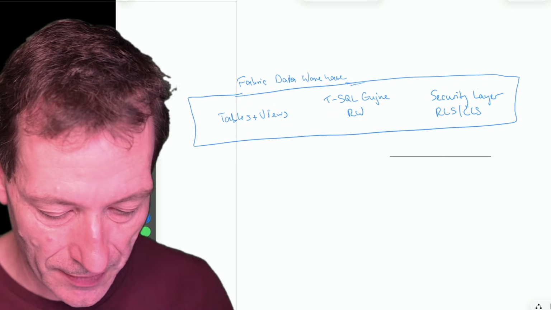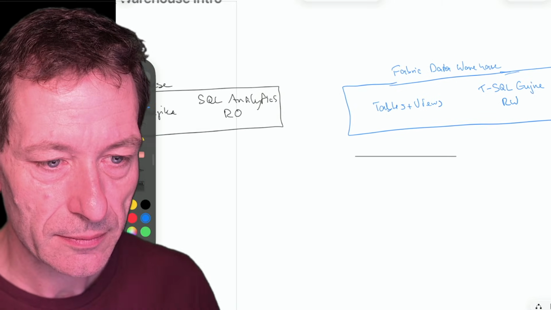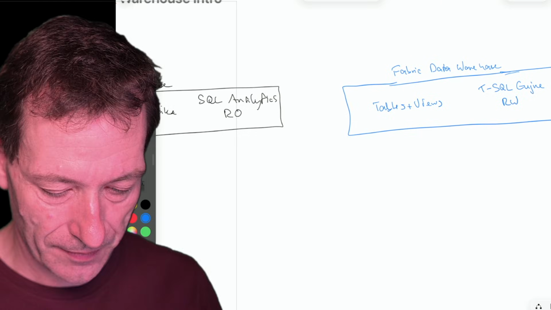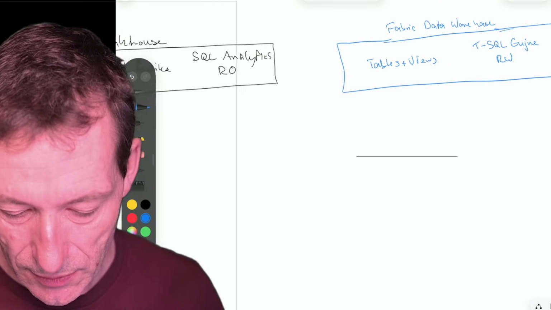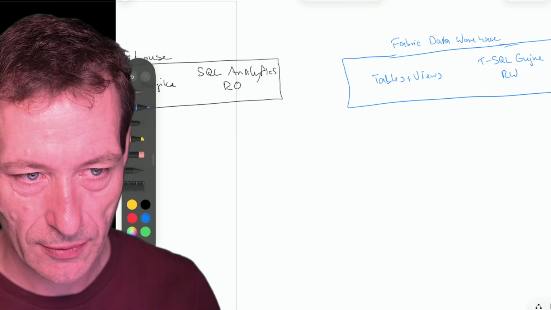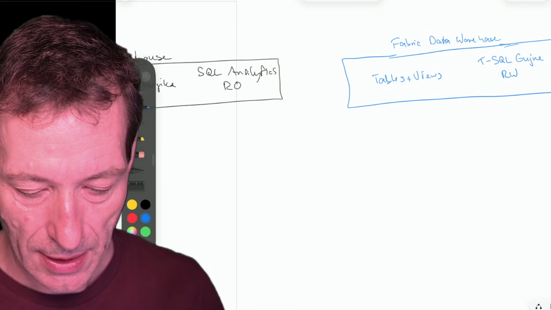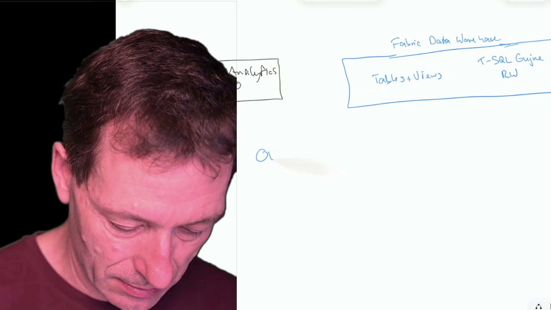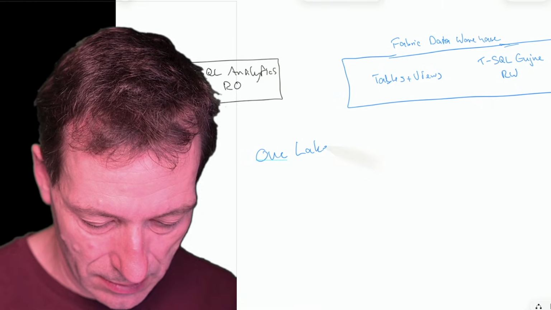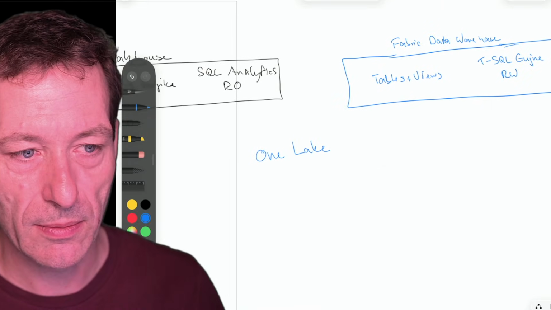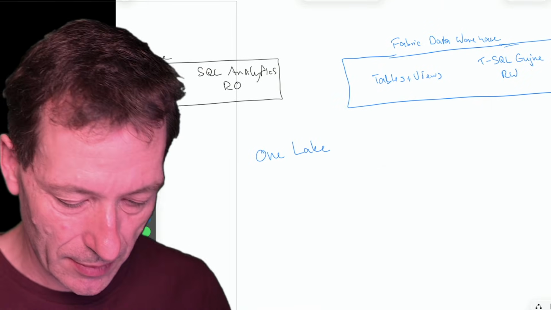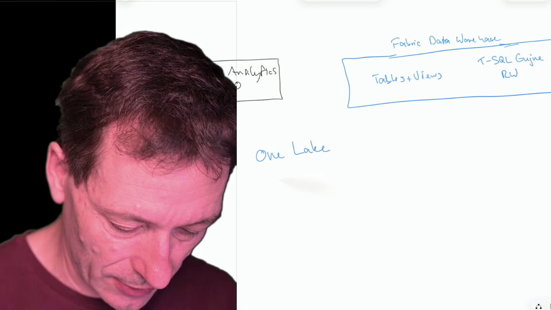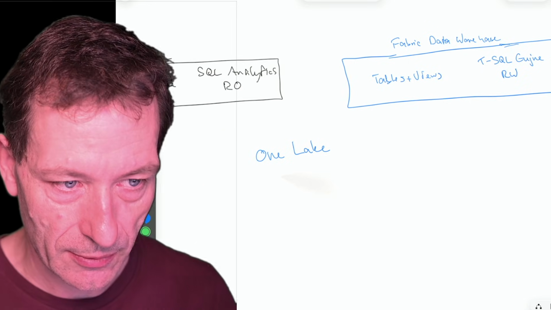Go to that. And all this, both, and this is one of the great stuff in Microsoft Fabric. All this is combined in your OneLake. OneLake is your storage layer. OneLake works with Delta tables and Parquet format.